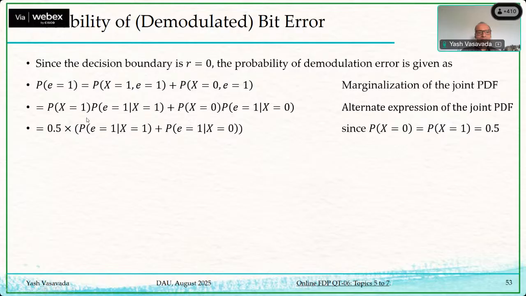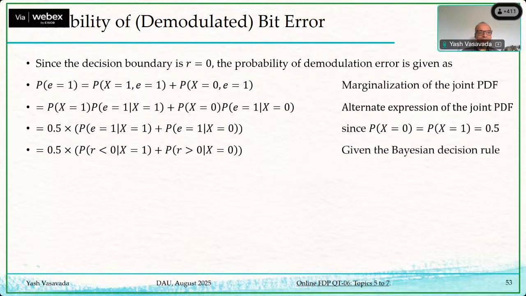So this is the third line that comes straight away from the second line. And now we are going to evaluate these two probabilities: the probability of r less than 0 when x is equal to 1, and r greater than 0 when x equal to 0 is transmitted.